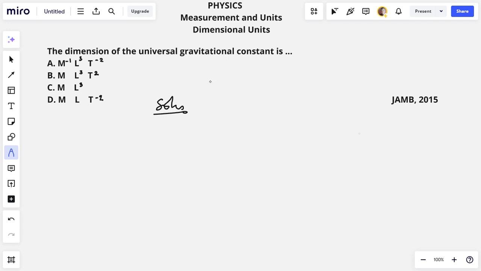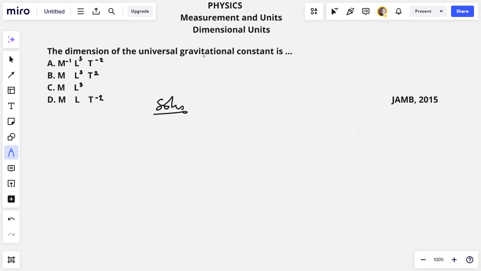First, I said that the key to knowing the dimensional unit of any quantity is to know the mathematical definition of that quantity.